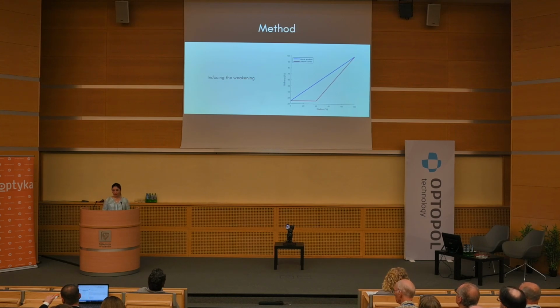This method starts from the center of the weak spot, increasing the stiffness from the center to the boundary, where it reaches the healthy cornea.